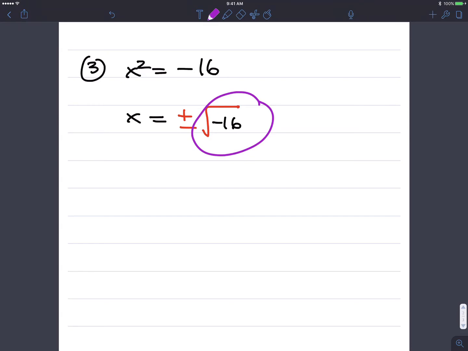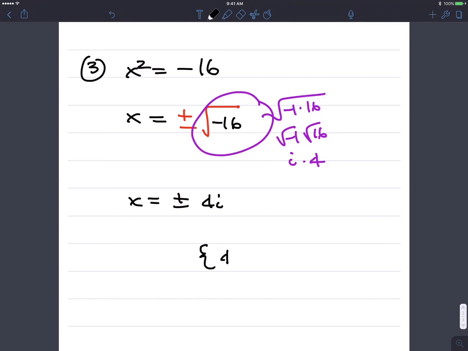Now, the square root of negative 16 is the square root of negative 1 times 16. Square root of negative 1 times the square root of 16, i times 4. Final answer is that x will be plus or minus 4i. In solution set form, 4i, minus 4i. And we are done.